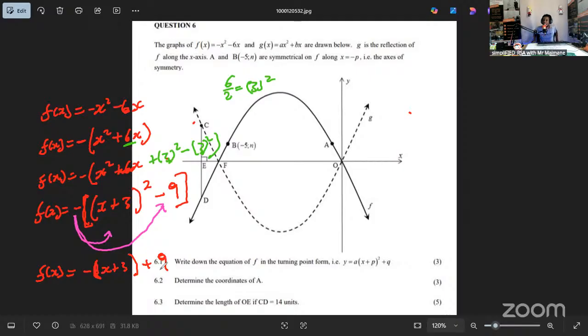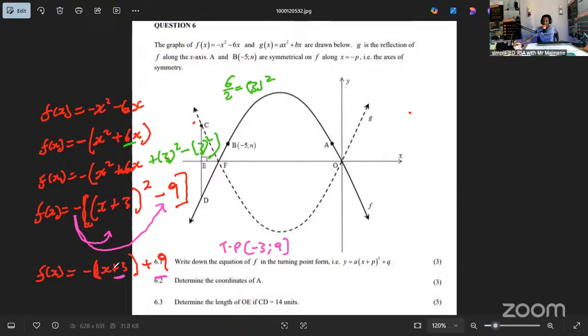Guys, do you know that the vertex form is actually to help you get the turning point? So this value and this value determine the turning point of that graph. But the way it works, if it's x plus 3, we say the turning point will be minus 3 and 9.